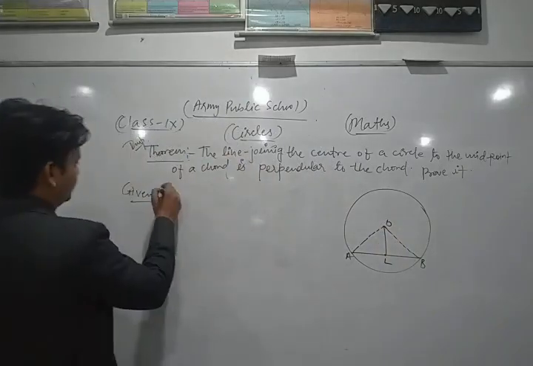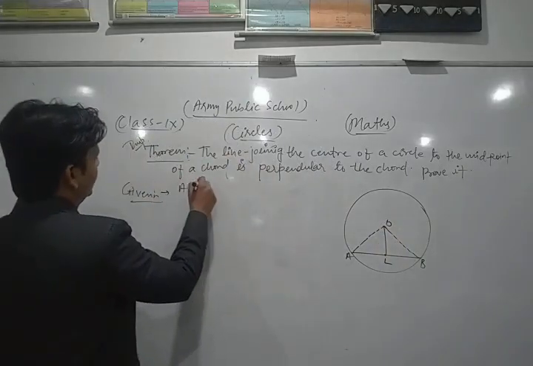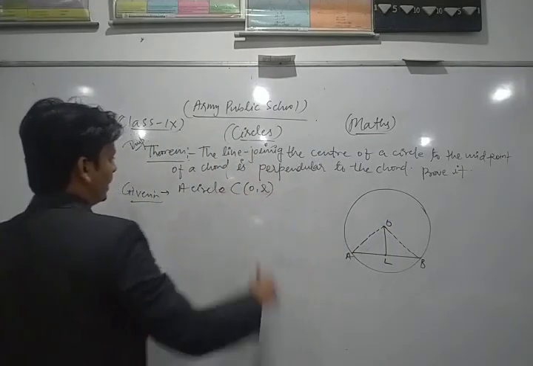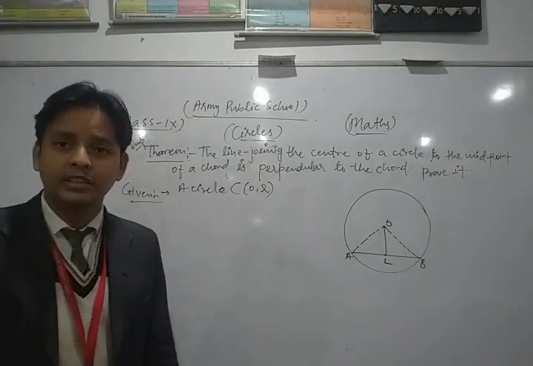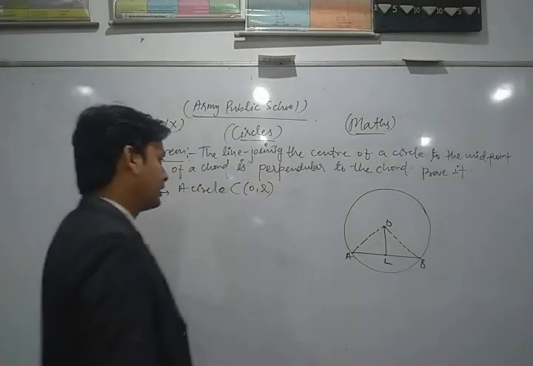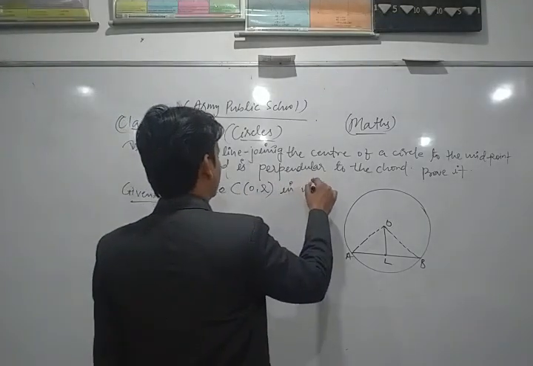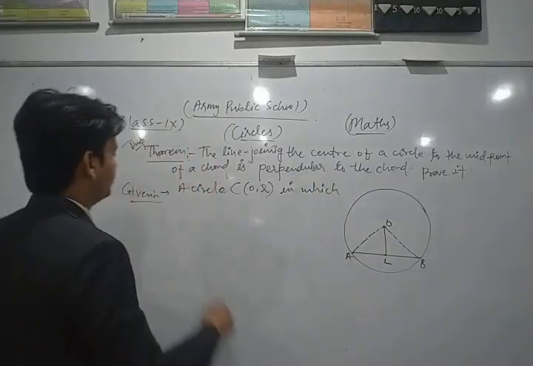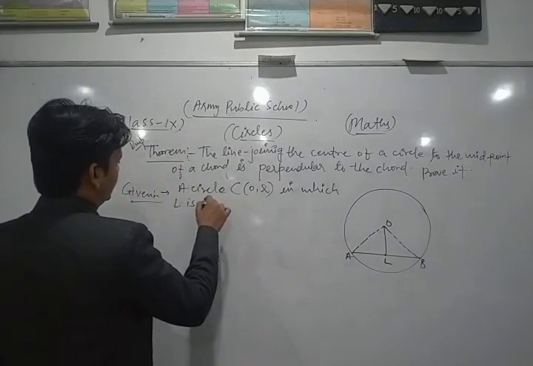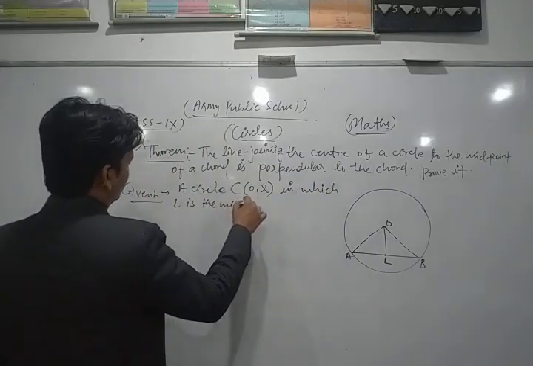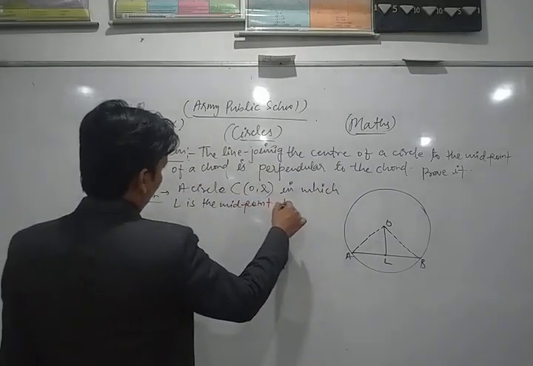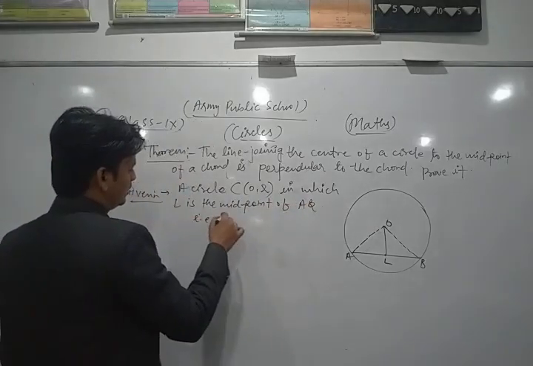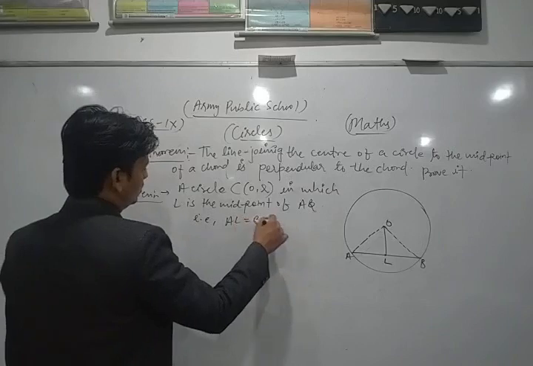Now in the given, a circle C with center O and radius R, in which L is the midpoint of AB, that is, AL is equal to BL.